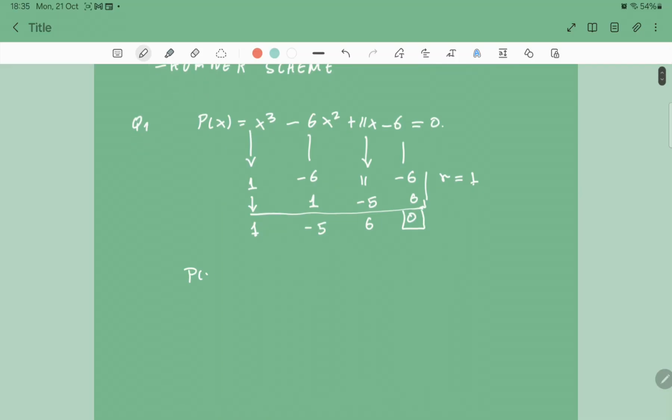So my polynomial p of x can be written as x minus the initial guess, which is 1, times the coefficients. Now the polynomial in this bracket is 1 degree less than my initial polynomial, so it should be a polynomial of degree 2. The coefficient of x squared is 1, so it's 1 times x squared, minus 5 is the coefficient of x, plus the constant term, which is 6.